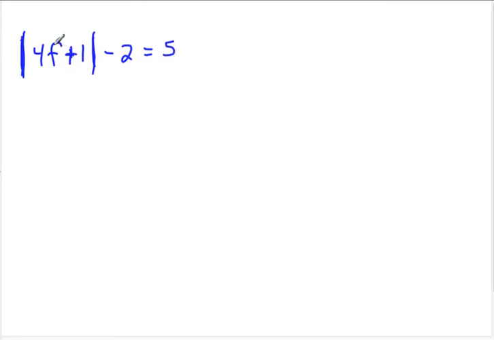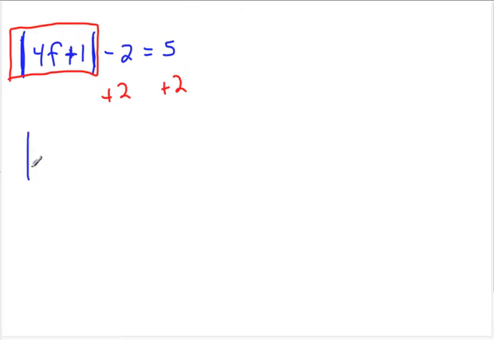So we have this unknown f here, but before we even get to that, we have this unknown absolute value. So I'd like you to pretend for a moment that the absolute value is the thing we need to isolate first. That's the unknown we're looking for. So this whole thing we need to figure out or isolate first. So to do that, we're just going to add 2 to both sides to isolate that absolute value.